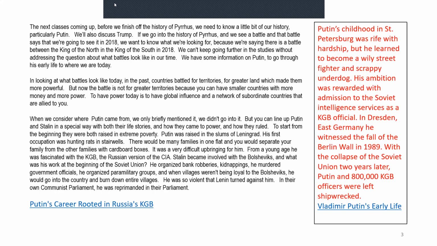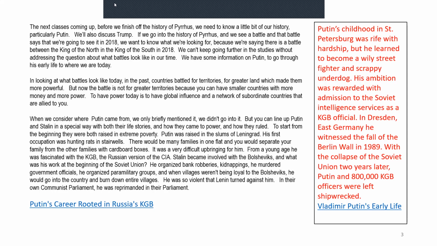To have power today is to have global influence and a network of subordinate countries that are allied to you. When we consider where Putin came from, we only briefly mentioned it. We didn't go into it, but you can line up Putin and Stalin in a special way with both their life stories and how they came to power and how they ruled.